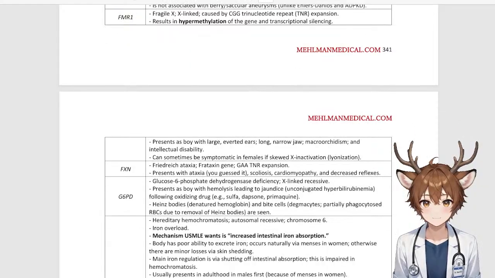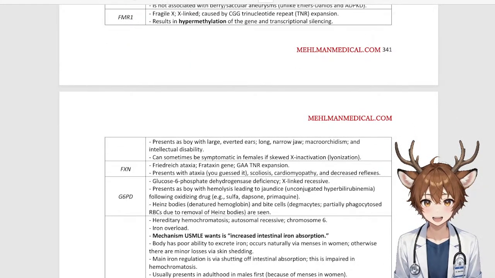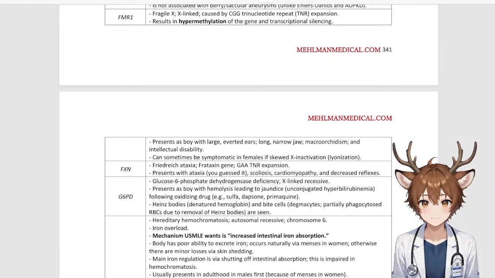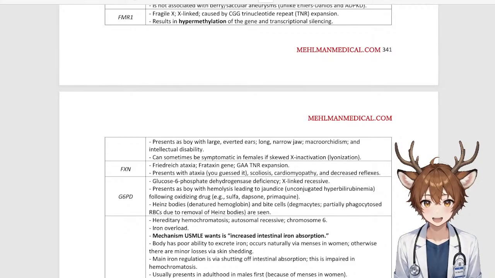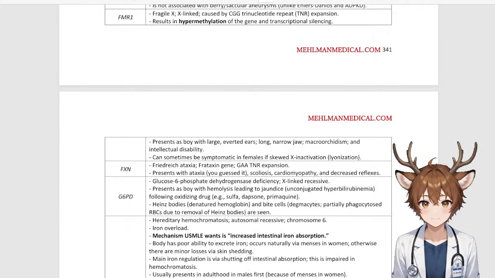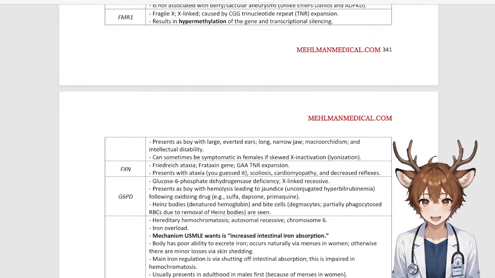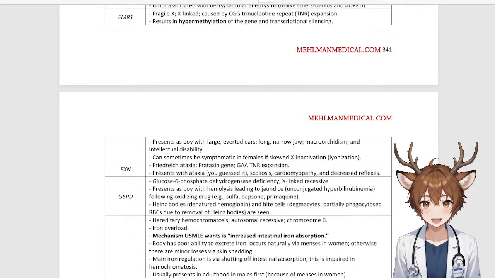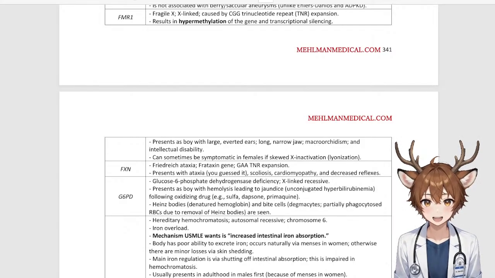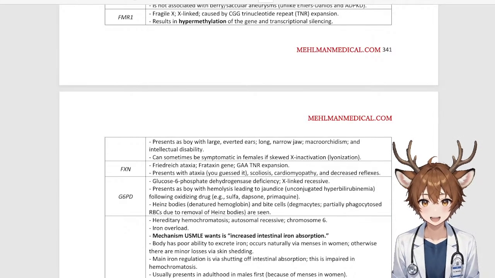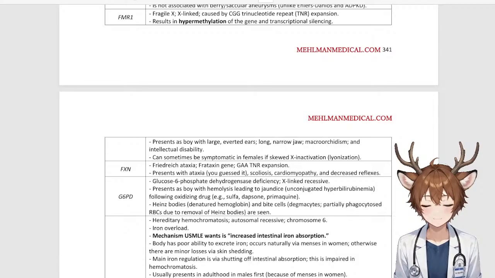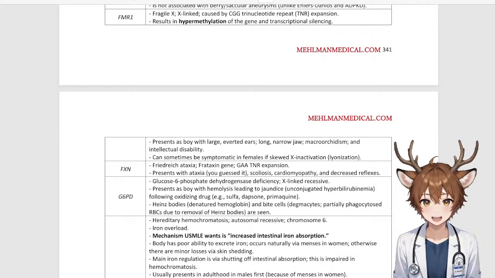Okay. FMR1, fragile X-linked, causes CGG trinucleotide repeat expansion. Results in hypermethylation of the gene and transcriptional silencing. Presents as a boy with large everted ears, long narrow jaw, macroorchidism, and intellectual disability.